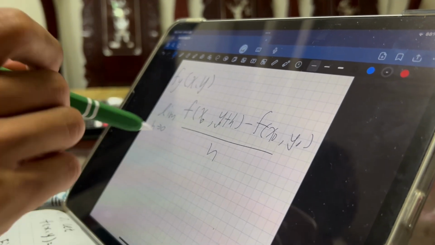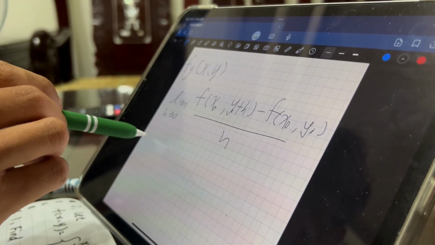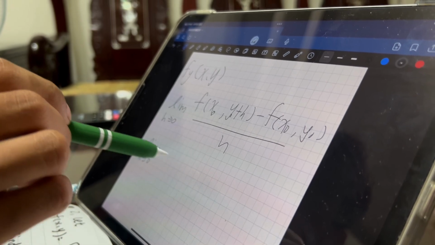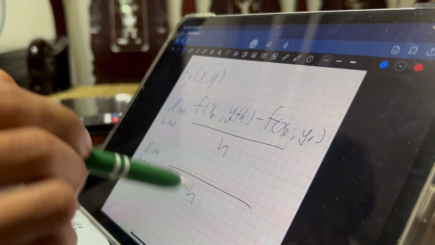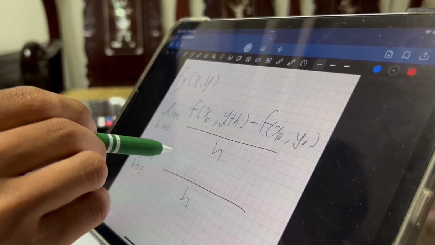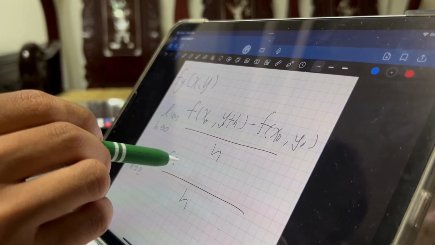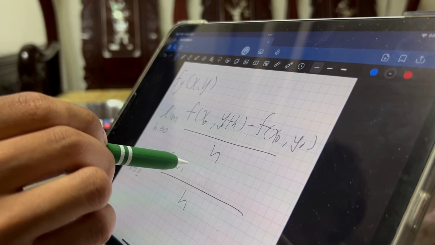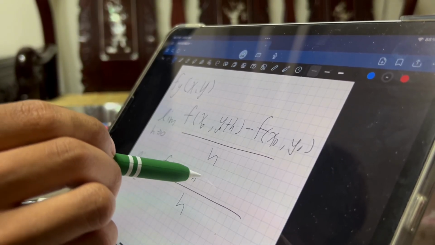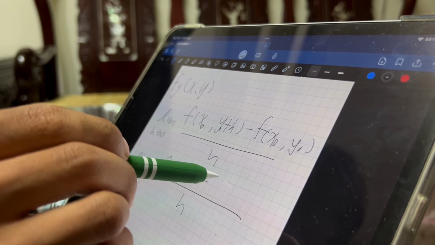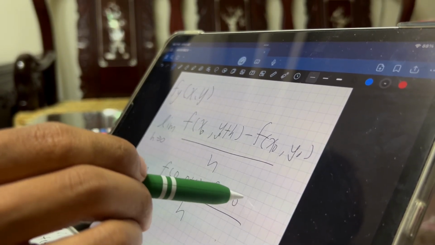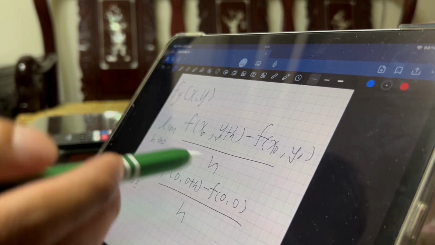So we can write simply as h very close to 0, and f of 0, 0 plus h, which is y plus h, minus f of x0, y0, which is also 0, 0.